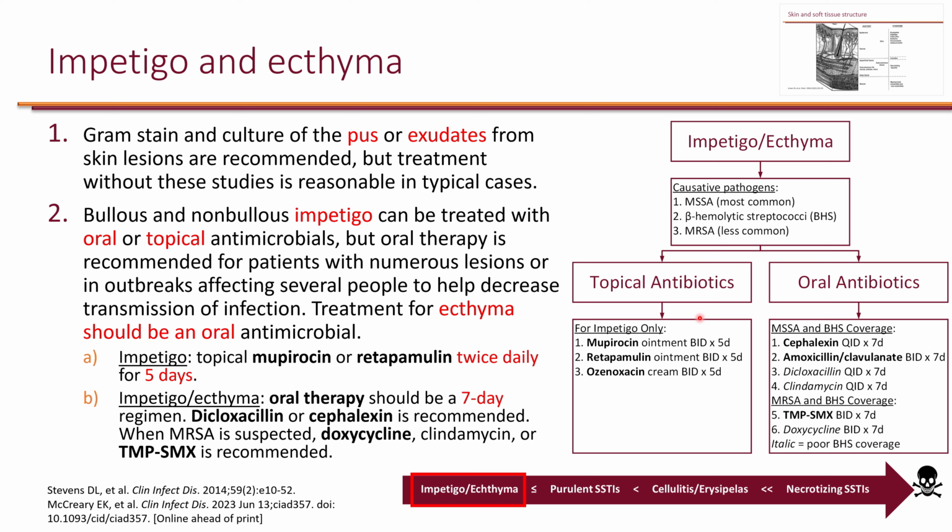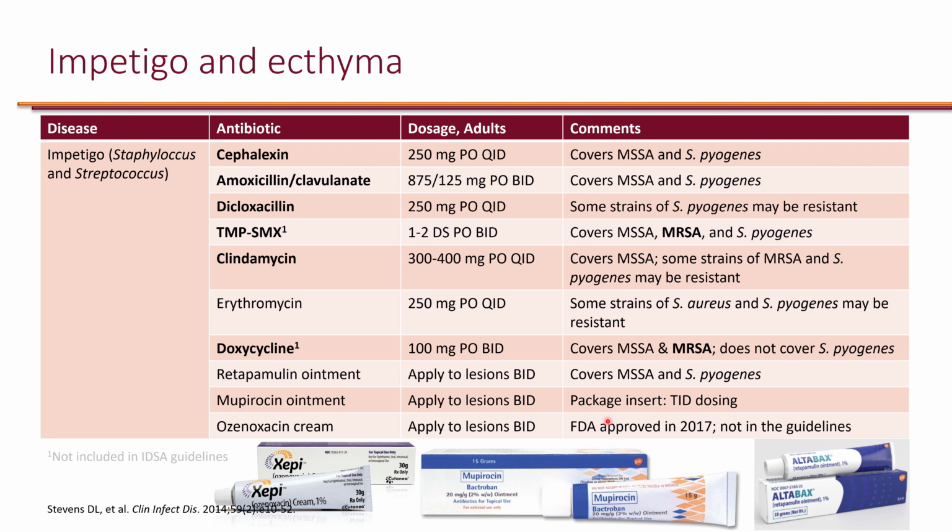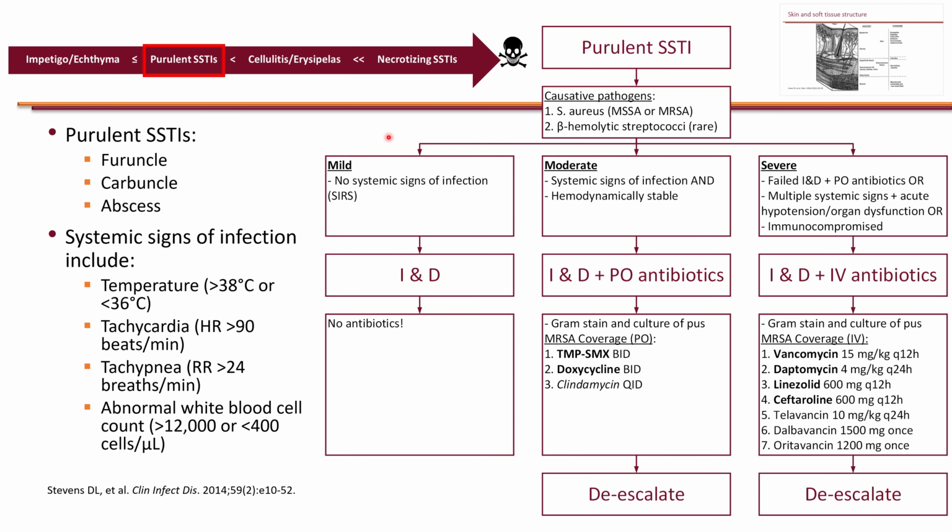So if you don't have culture results, you can totally do these creams or these treatments for 7 days and you'll be done with treatment. Now, these are the regimens that I had mentioned, so keep note of the frequency of doses, because some of these that are 4 times a day are less likely to have adherence in patients.